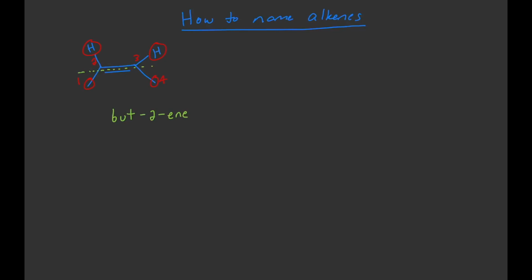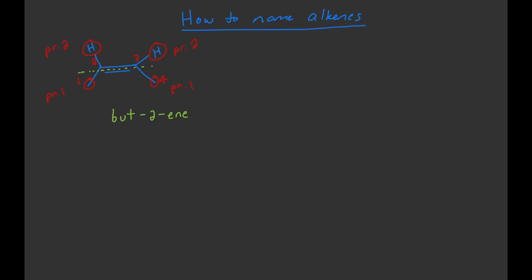For this molecule, both of the higher groups are the carbon groups because hydrogen is our lowest priority group. So carbon is going to have priority 1, and hydrogen is going to have priority 2. For the left side of the alkene, and for the right side of the alkene, we have the same exact thing. We have priority 1 on the bottom and priority 2 on the top with our hydrogen.